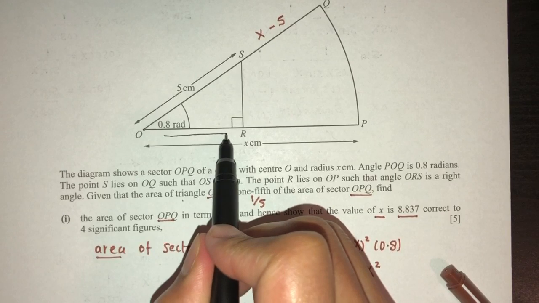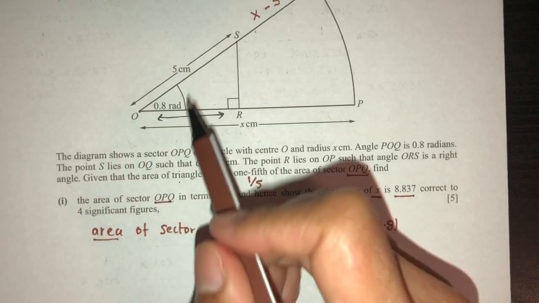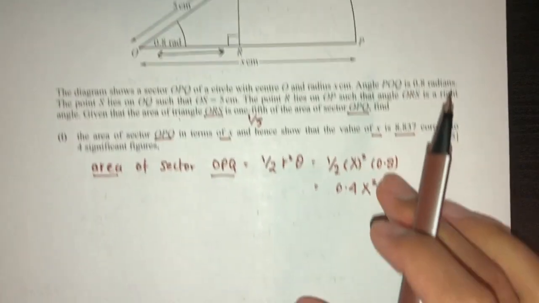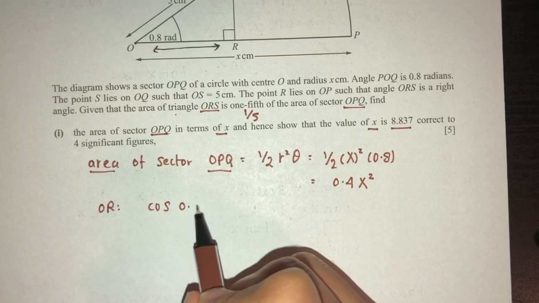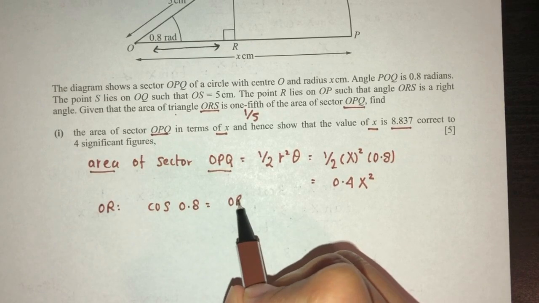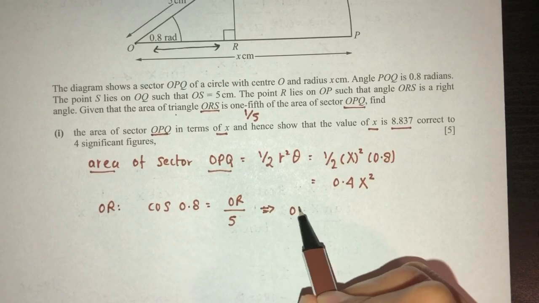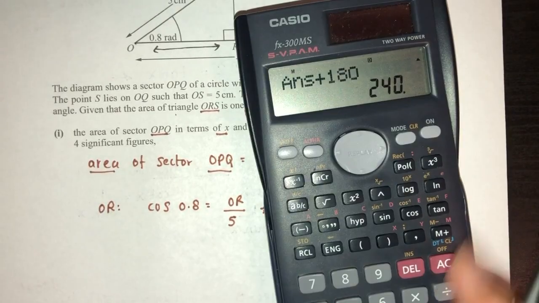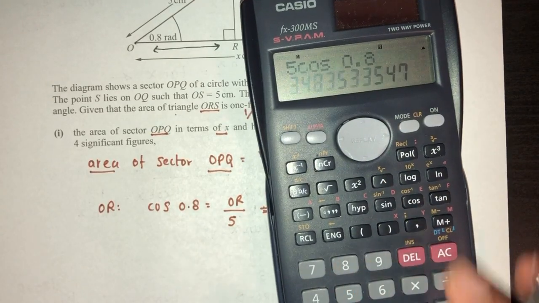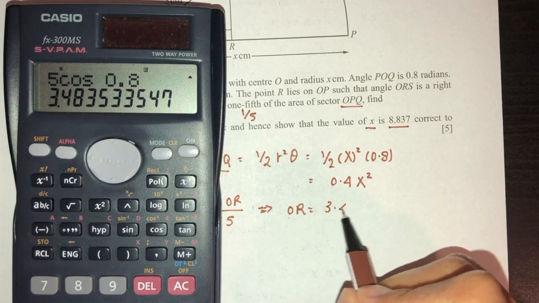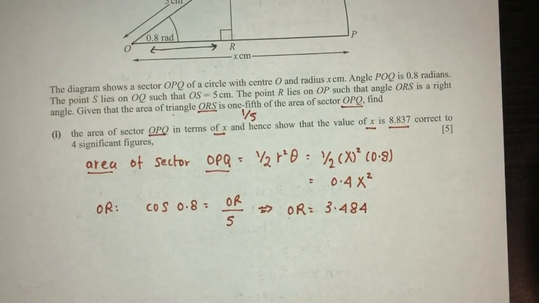What is the length of OR? We have hypotenuse, we have adjacent, we have to use cos. So cos of 0.8 will be OR over 5. So OR is equal to 5 times cos of 0.8, we have to use radians. That will be 3.484, correct to 3 decimal place.